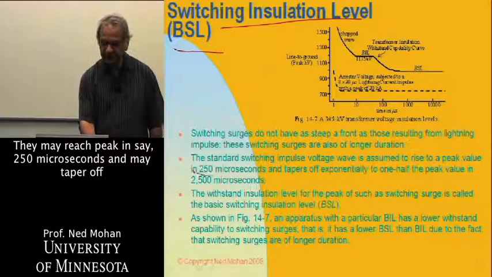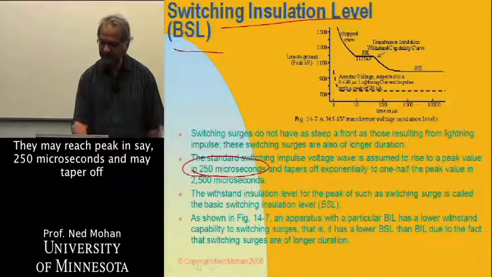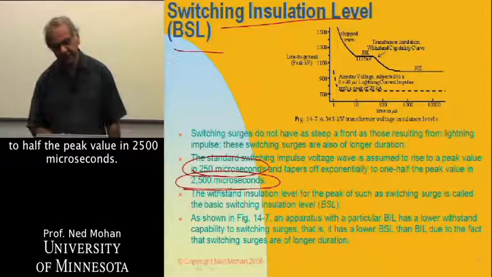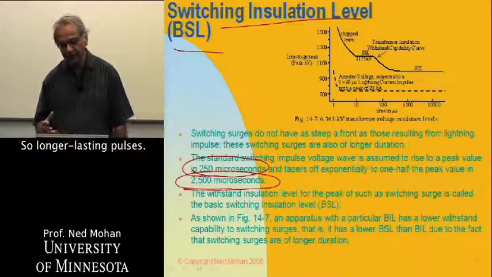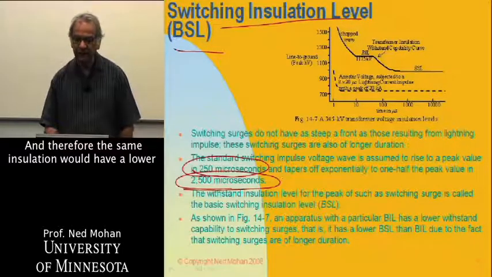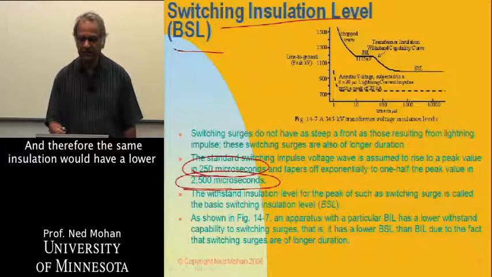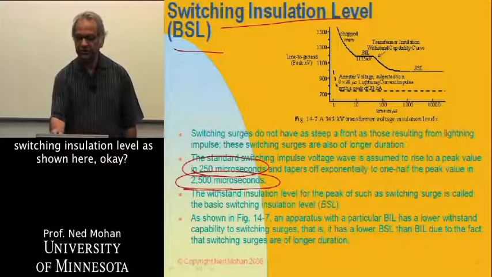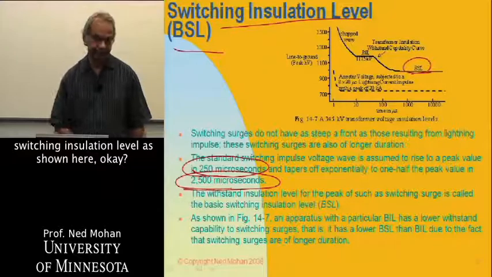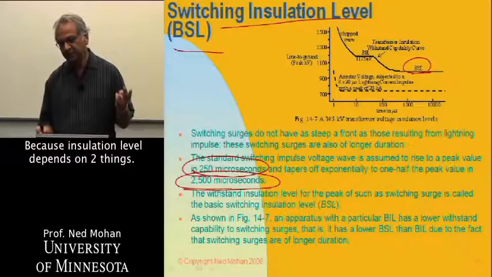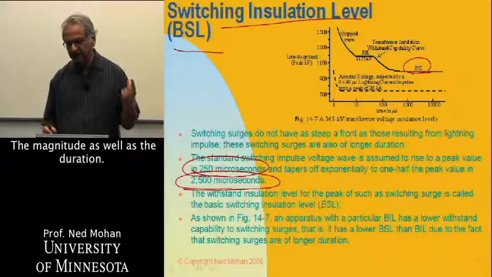They may reach peak in, let's say, 250 microseconds and may taper off to half the peak value in 2500 microseconds. So they are longer lasting pulses, and therefore the same insulation would have a lower switching insulation level, because the insulation level depends on two things, the magnitude as well as the duration.